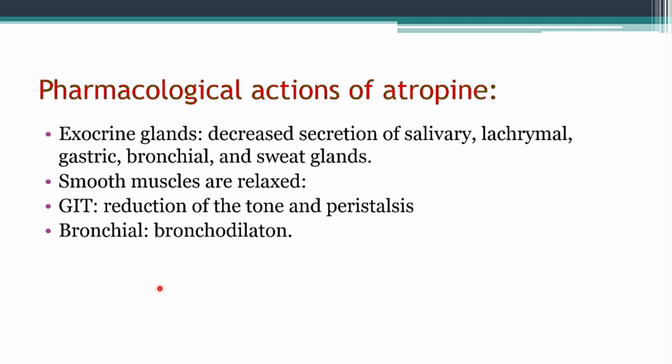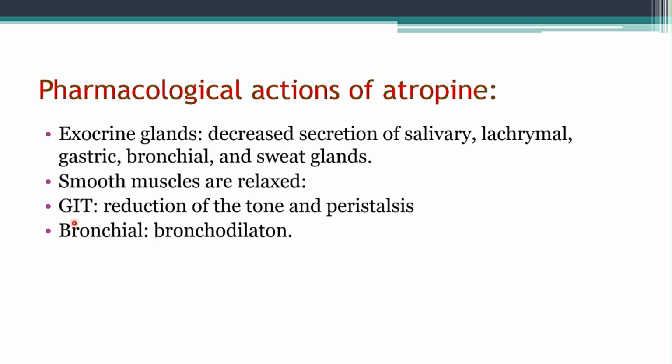Pharmacological actions of atropine. These actions are the opposite of the actions of acetylcholine and include: on exocrine glands, decreased secretion of salivary, lacrimal, gastric, bronchial, and sweat glands. Smooth muscles are relaxed.